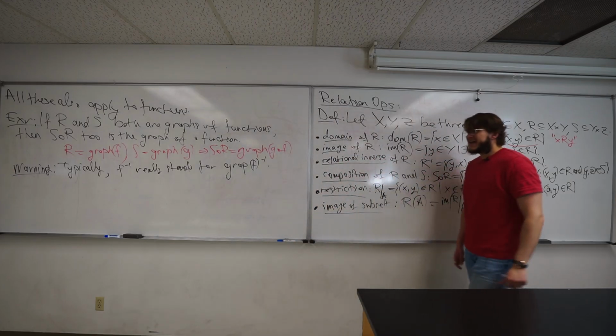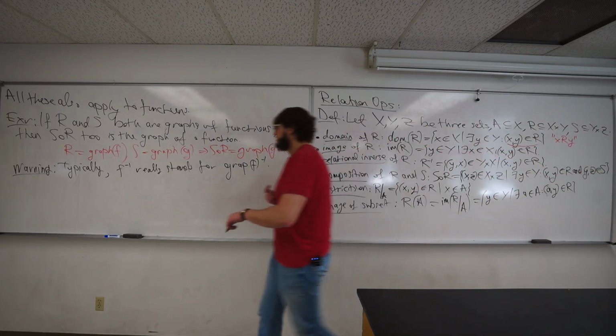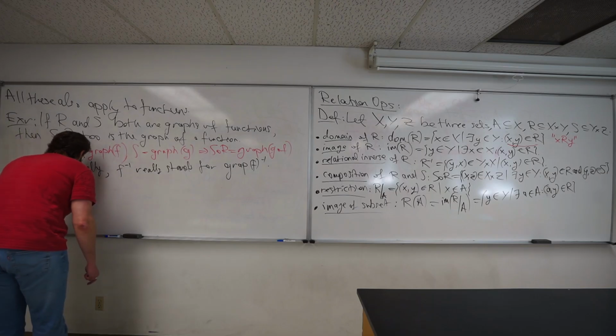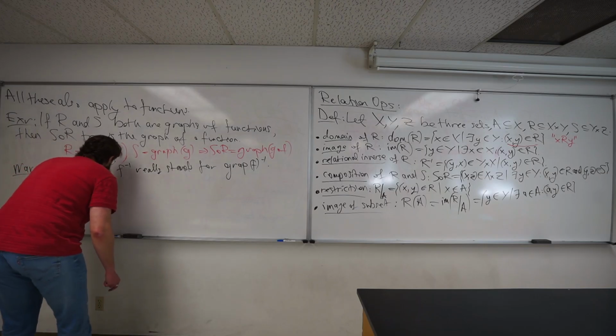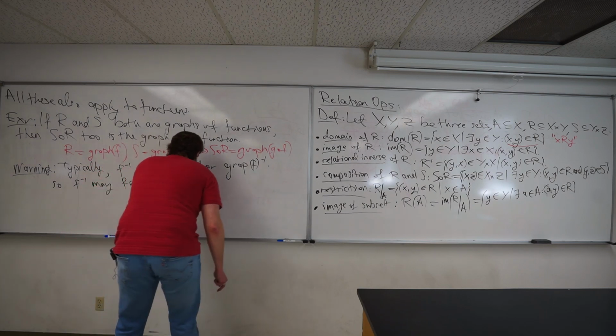In other words, f to the minus 1 typically is not a function itself, okay? It's possibly a relation, even though f itself is a function. So it may fail to be a function.